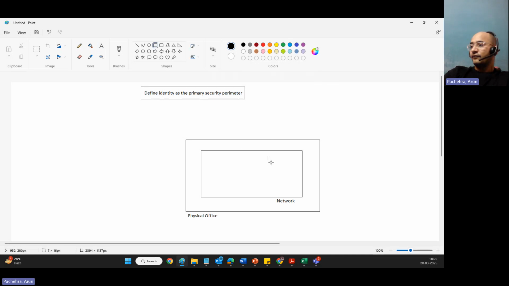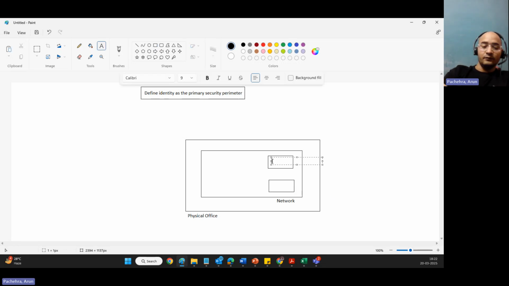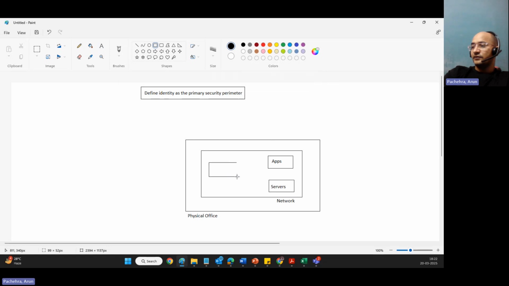You may have the applications, you may have the servers, anything that we usually browse inside the IT environment. And even you yourself are inside the same physical building with your own laptop or desktop, accessing these applications, right?